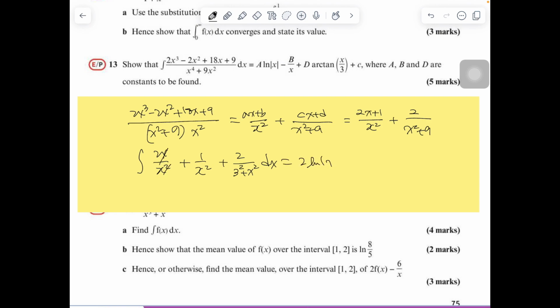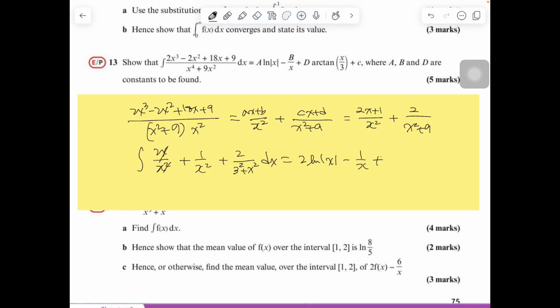So here, 2 ln x minus 1 over x, plus this one becomes, let's take out 9, 9 times (1 plus (x over 3) squared), then 2 over 9 arctan of x over 3 times 3, dx, plus c.